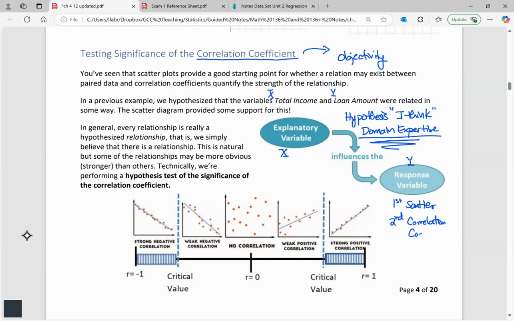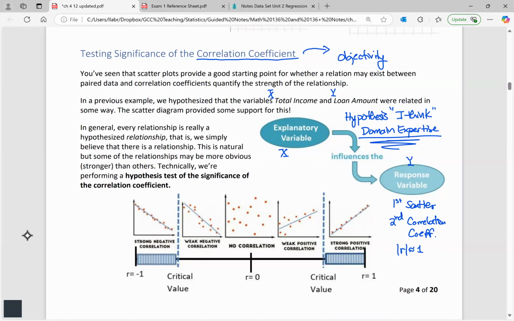If the correlation coefficient is very strong, and remember that that means that the correlation coefficient R has to be very close to 1, then that will support the hypothesis that the X variable and the Y variable really are tied in some way. They might be influenced, that they're correlated.